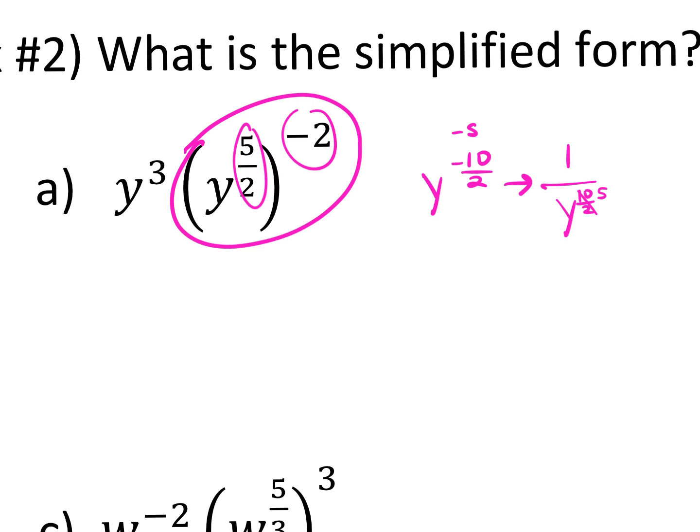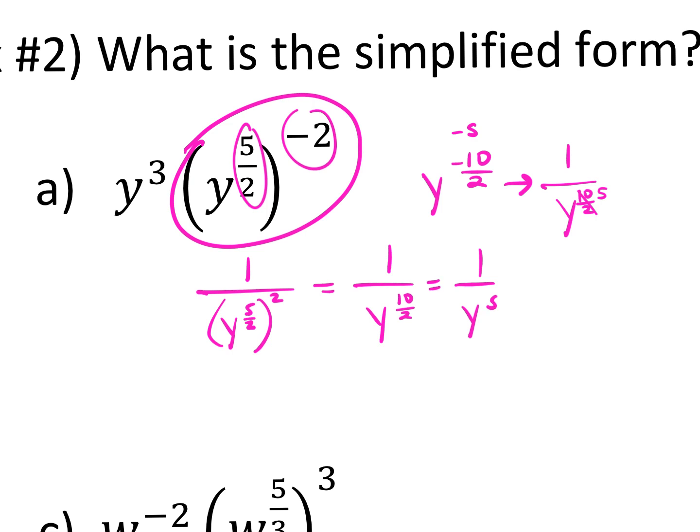Your other option is you do 1 over y to the 5/2 squared, and then take that squared and call it 1 over y to the 10/2, which is 1 over y to the 5th, okay?